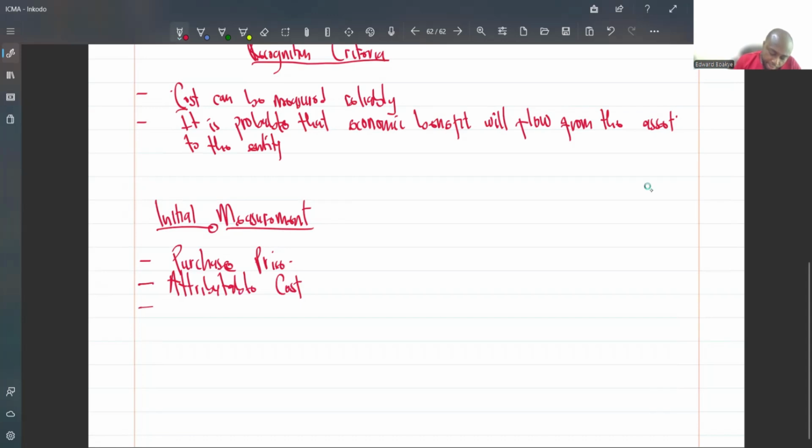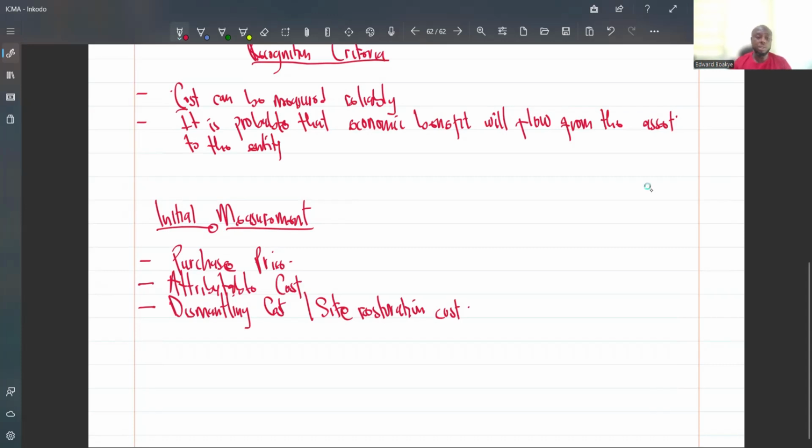The last cost is what we call dismantling cost, or site restoration cost. Now, if let's say you have a company, you purchase an asset, and install it at your site.